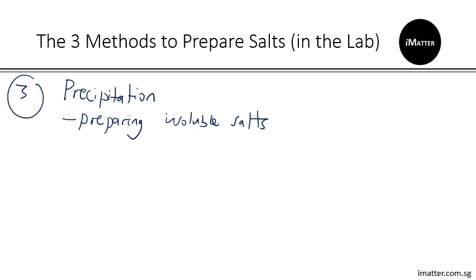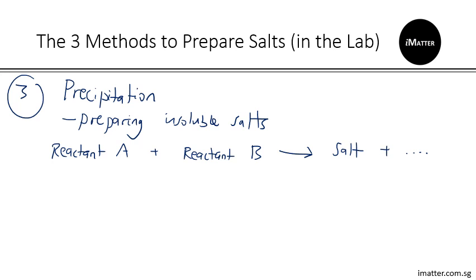Well, we go back to the same pattern again. I have two reactants, reactant A plus reactant B, and that gives me the salt I want plus other substances.